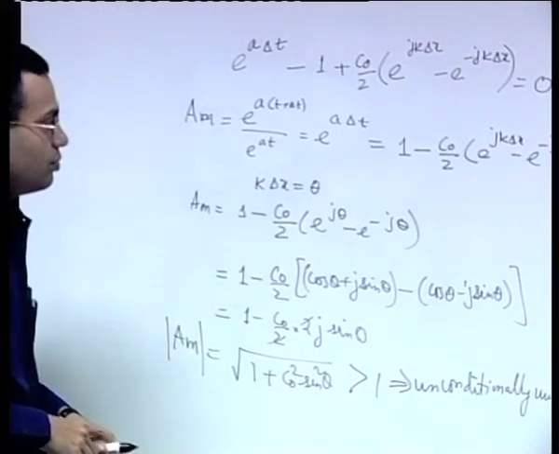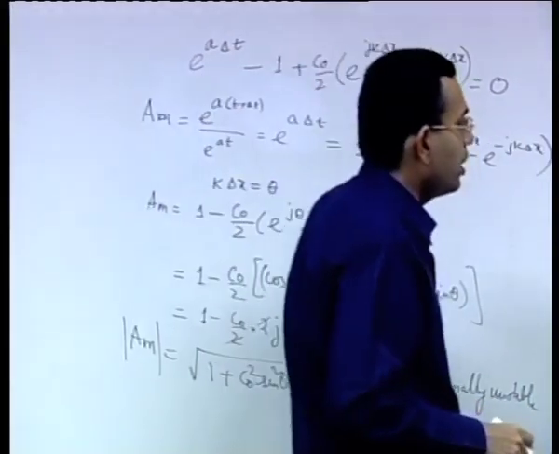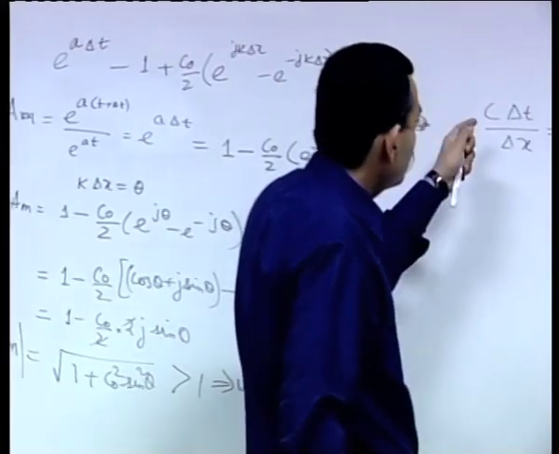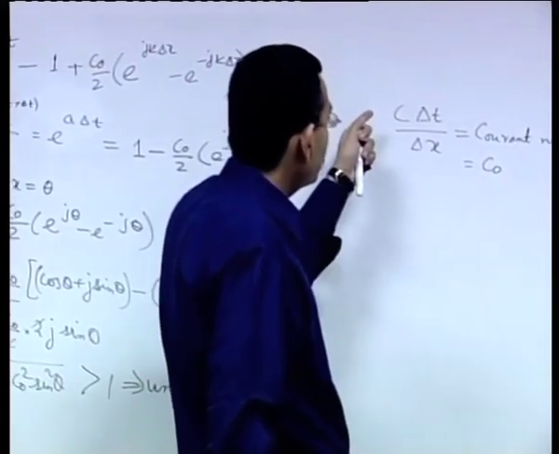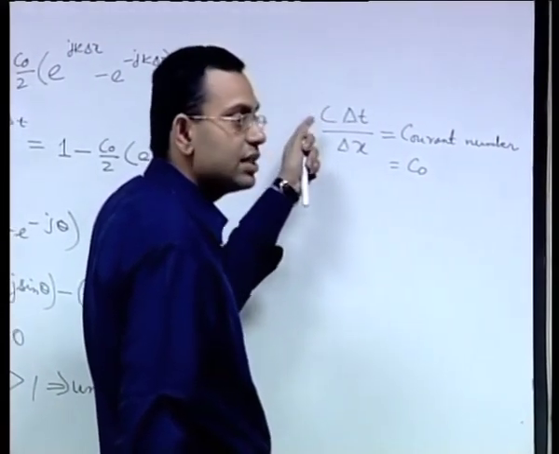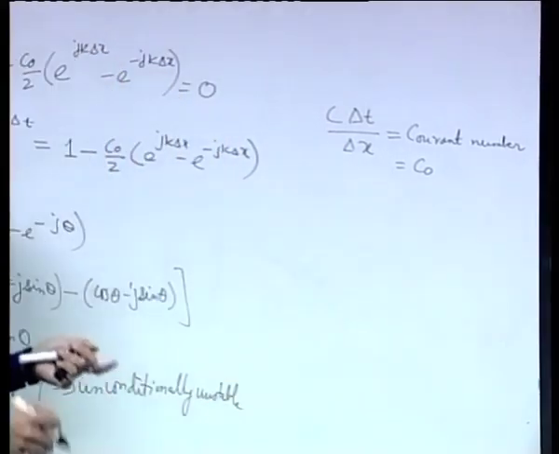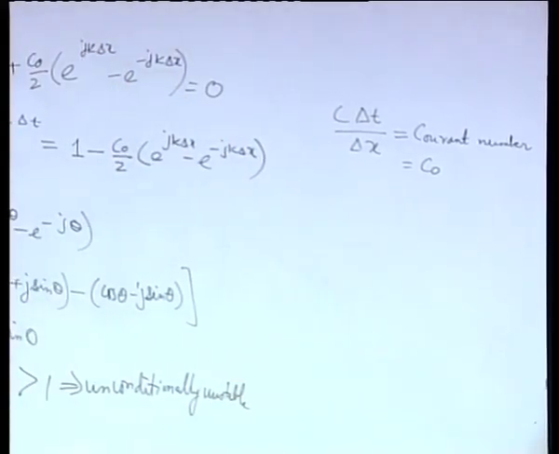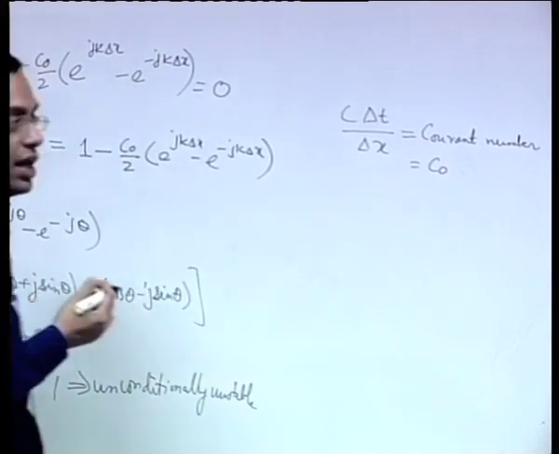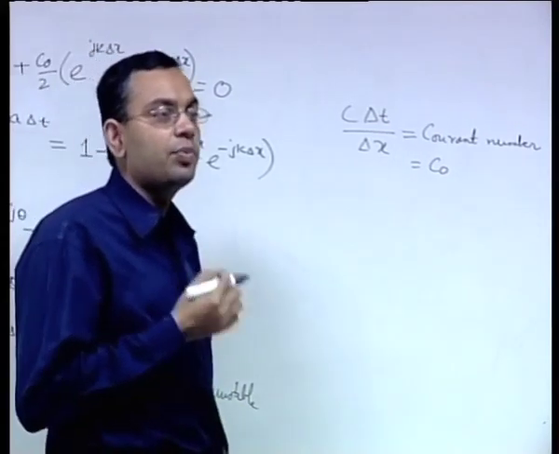Now what about the significance of the Courant number? If you see the Courant number, the numerator c is a characteristic speed, just like you can consider it to be a sonic speed. So it is the speed at which a disturbance propagates through the medium.